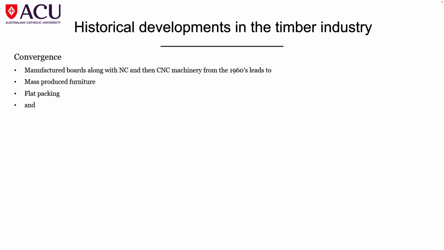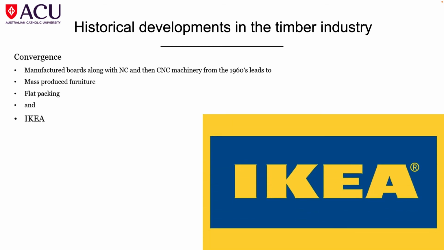And can any of you guess what's coming next? IKEA. I'm using that as an example, but IKEA was really one of the earliest companies. They got going, I'm trying to remember now, I thought it was in the 1960s, could have been earlier than that. But basically they identified the convergence of these technologies.